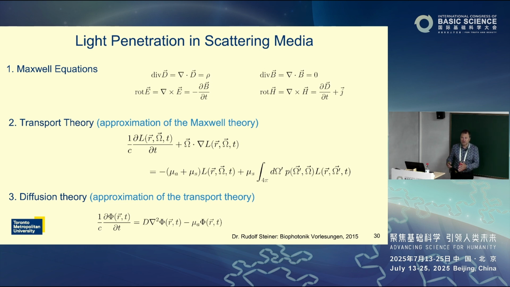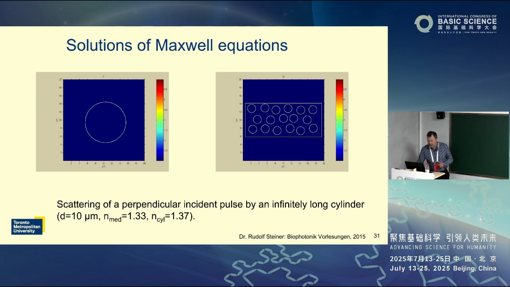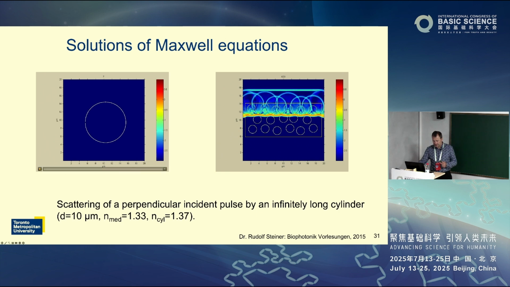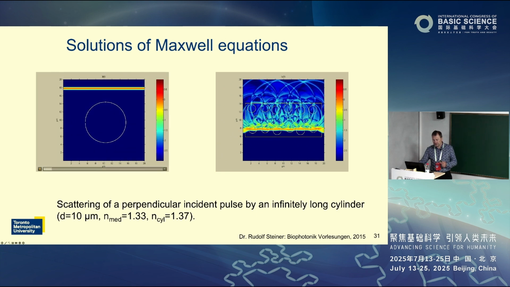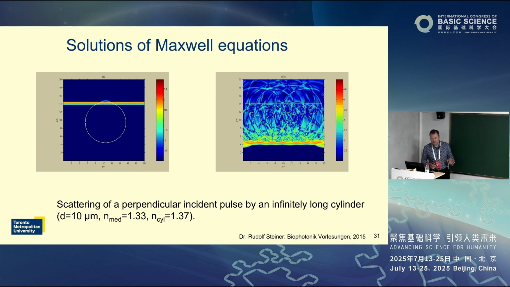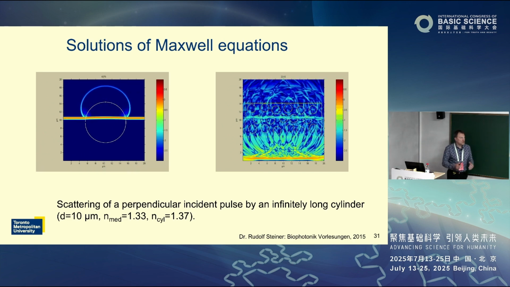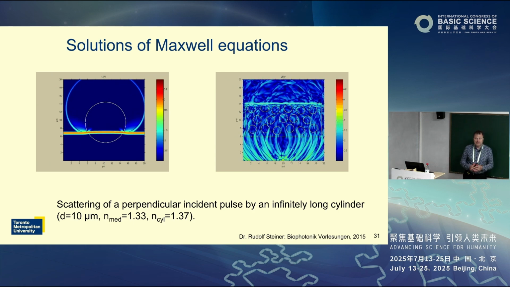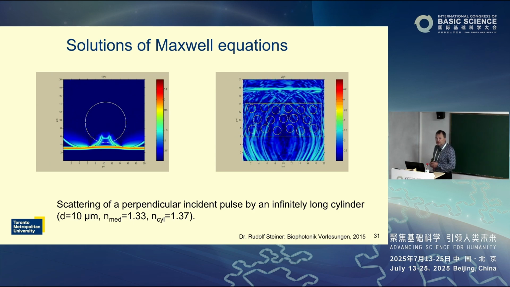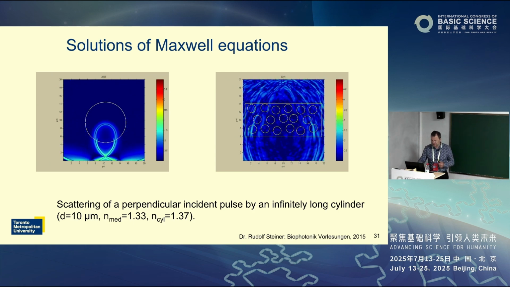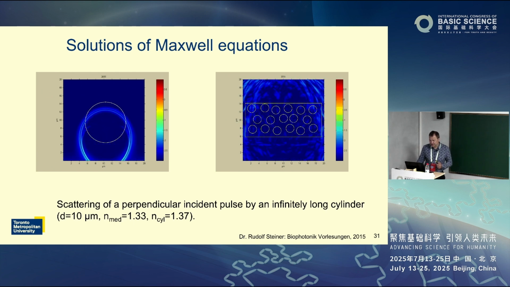So this is a sequence of simplifications. And this is just an example of the Maxwell equation solution on a single particle, on an ensemble of particles, and basically that's a prediction of the light distribution at certain parameters.